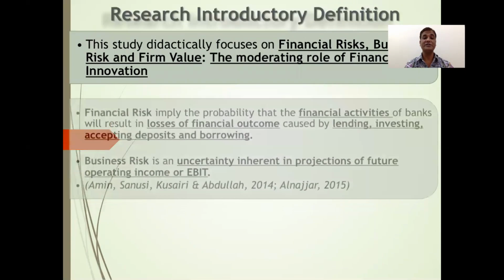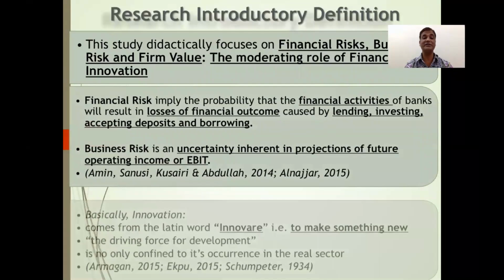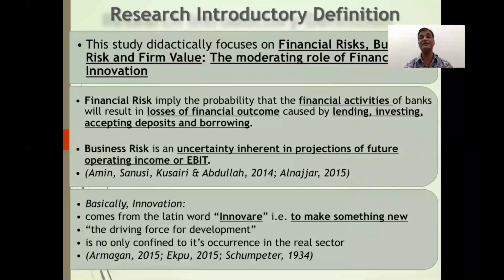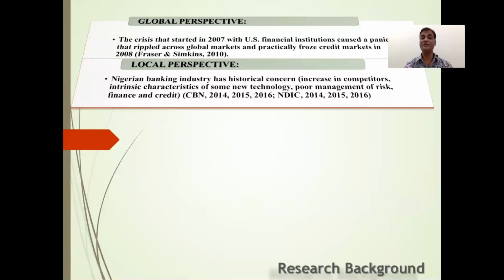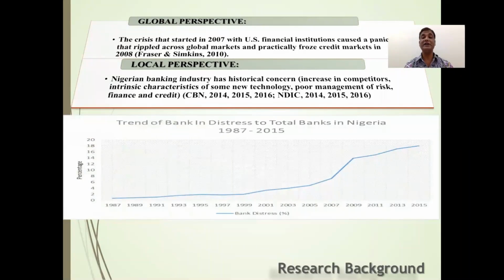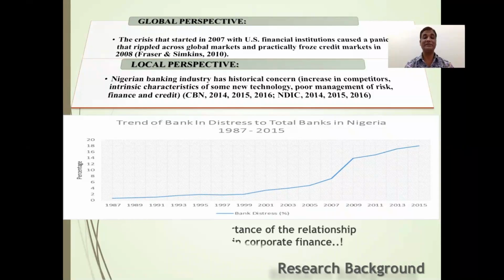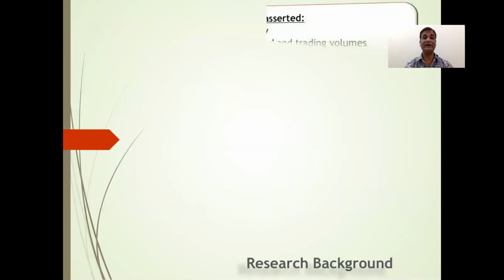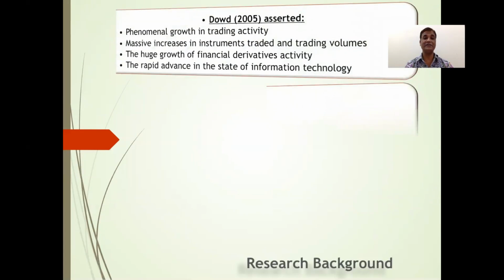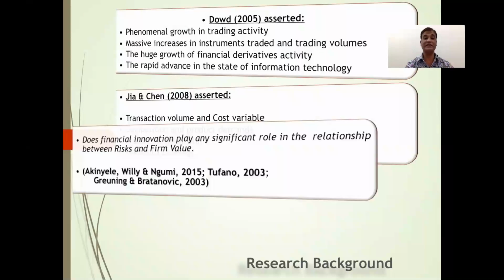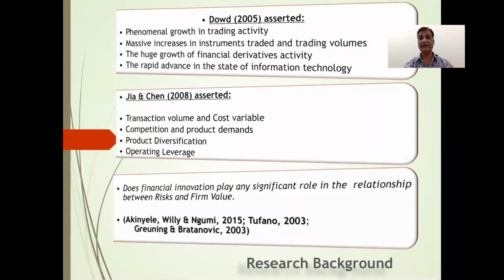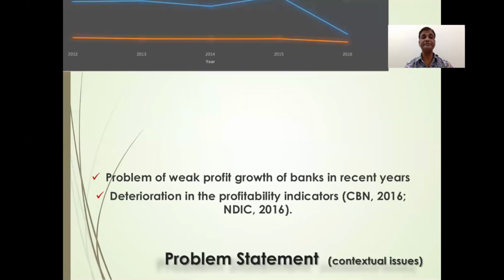So this student definitely started with his storyline, establishing his story, continues with global and local perspective, citations are there, and then the student came back to the context, showing the problem persists in the context itself by giving relevant data. And he continues with citation and definitely more citation to establish his case in terms of research issues and research problem.